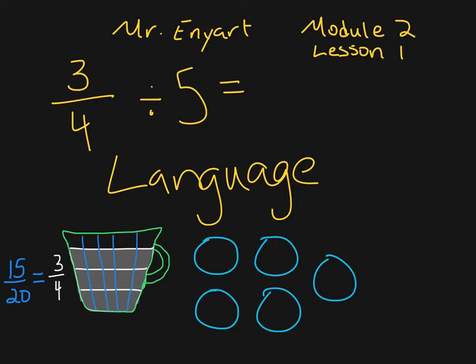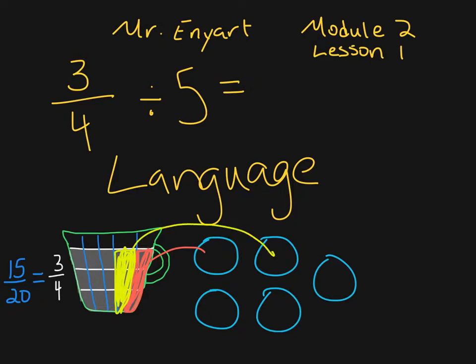It seems that if I were to divide these up, I can give this whole amount here to this friend. And then I can give these 3, this amount, to this friend.